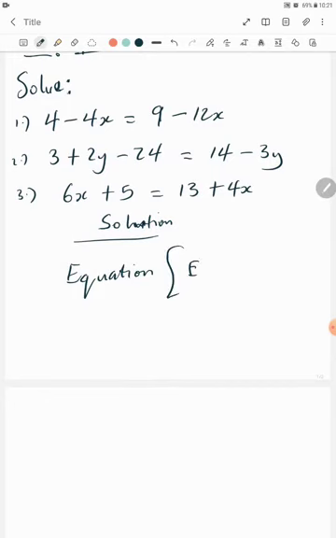You know that the symbol for equal, as a sign in mathematics, is this. So this is an equal sign. When you hear of equation, you're actually expecting a left hand side expression separated by an equal sign from a right hand side expression.